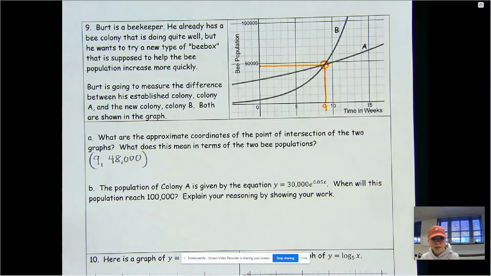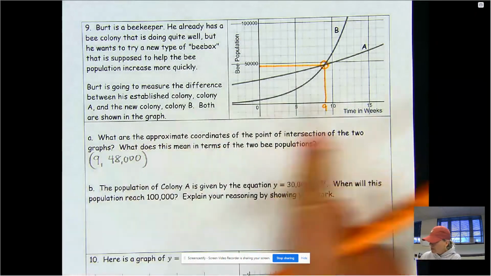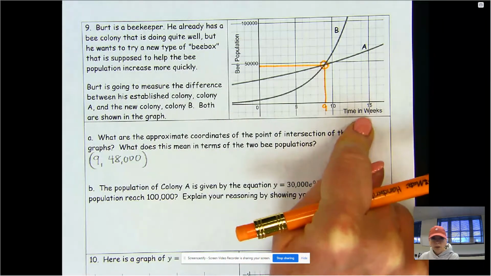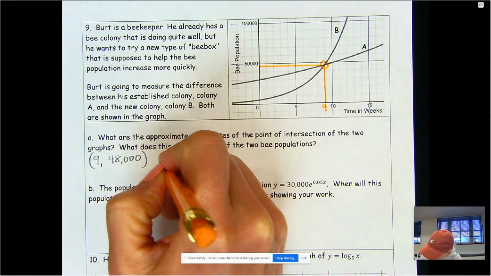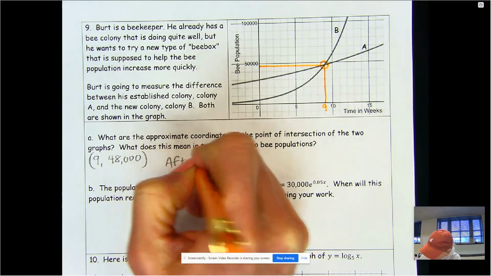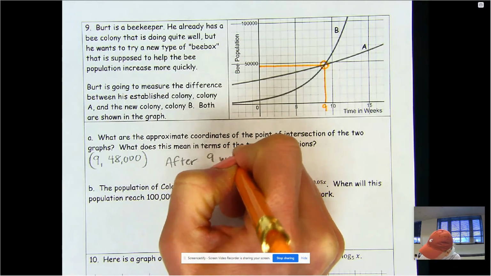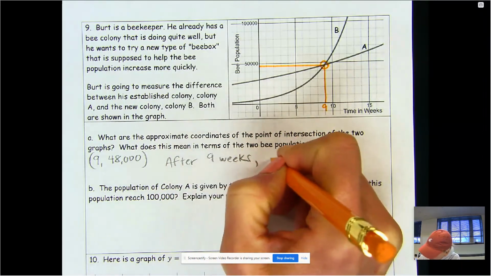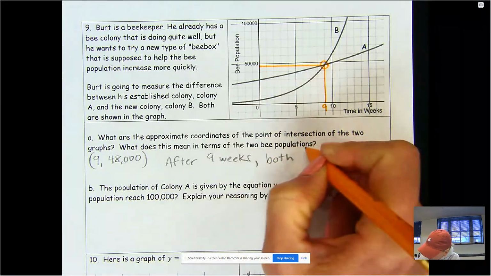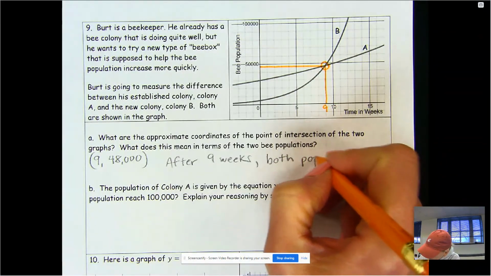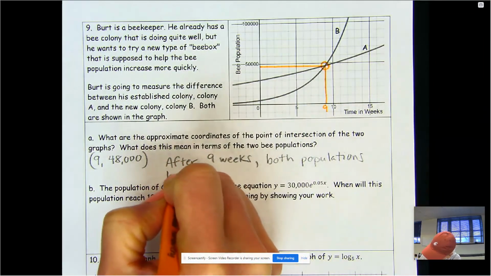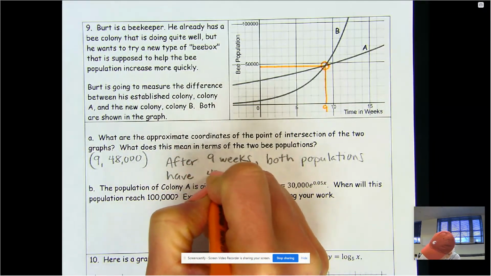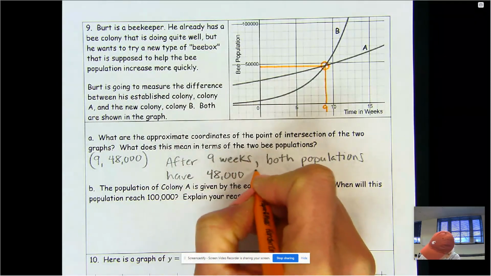But in terms of the two bee populations, the 9 represents the time in weeks, the 48,000 represents the bee population. So I'm going to say after 9 weeks, both populations have 48,000 bees.